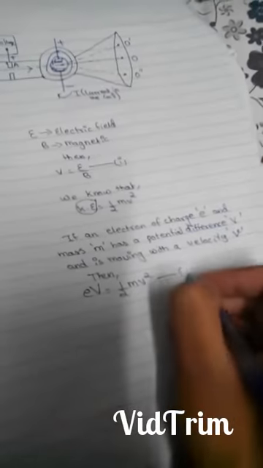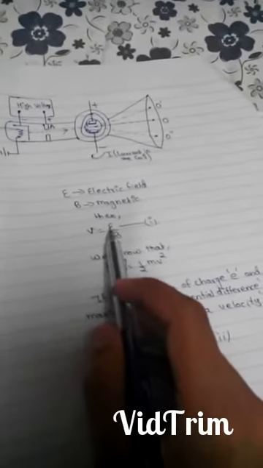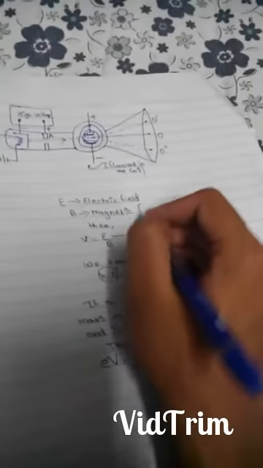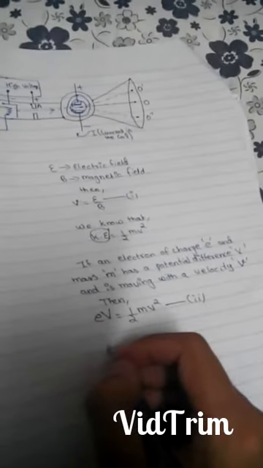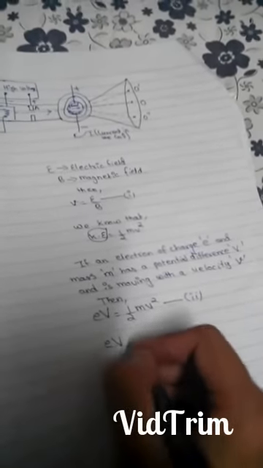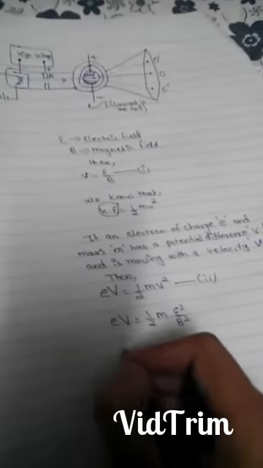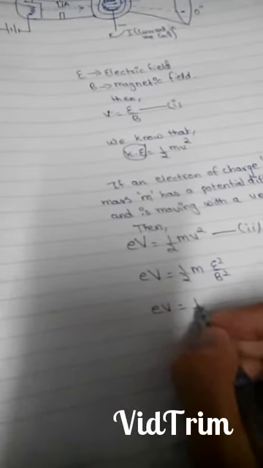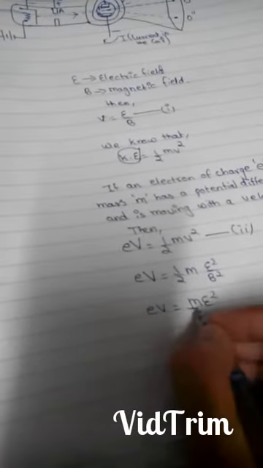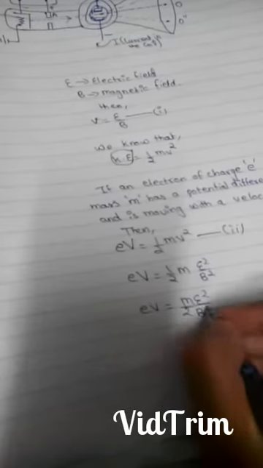Let this be equation 2, and from equation 1 we have v equals E by B, electric field by magnetic field. So eV is equal to half m E square by B square.